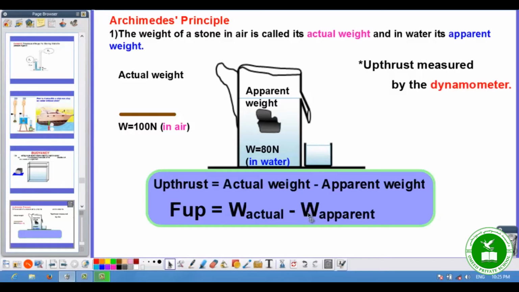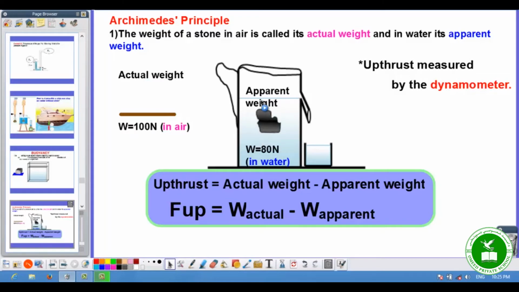It means the weight of the object has decreased. This weight is the actual weight, asli wazn, and the weight of the object inside the water is the apparent weight.